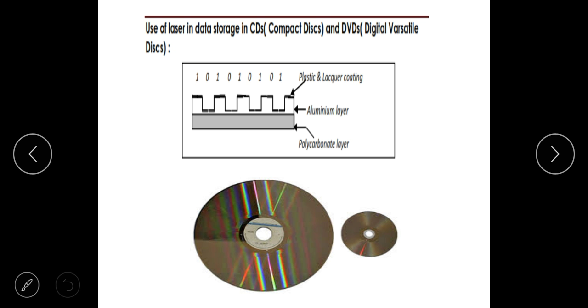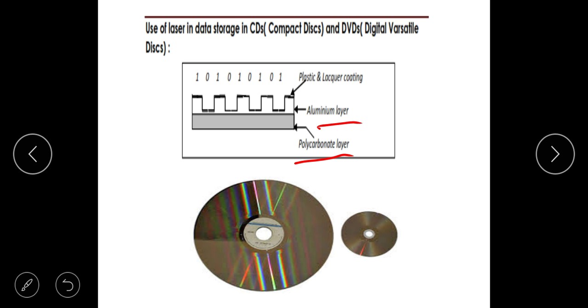The bottom layer is made up of polycarbonate, which is tough and brittle. Above that there is an aluminum layer, and this aluminum layer is coated with plastic and lacquer.